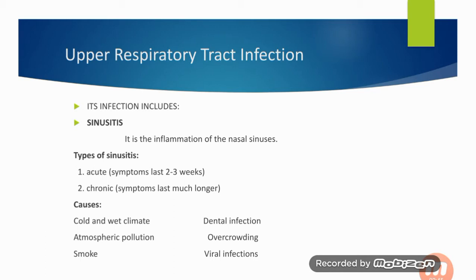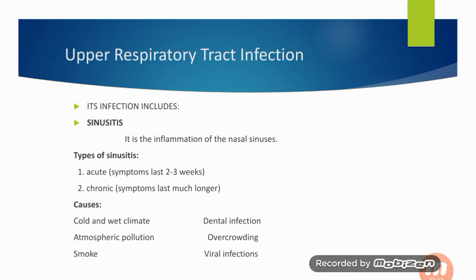Now, what is the acute sinusitis? Acute one is a sudden onset of cold-like symptoms in which we observe stuffy nose and facial pain. It lasts for about 4 weeks. There is another type of sinusitis, that is subacute sinusitis.